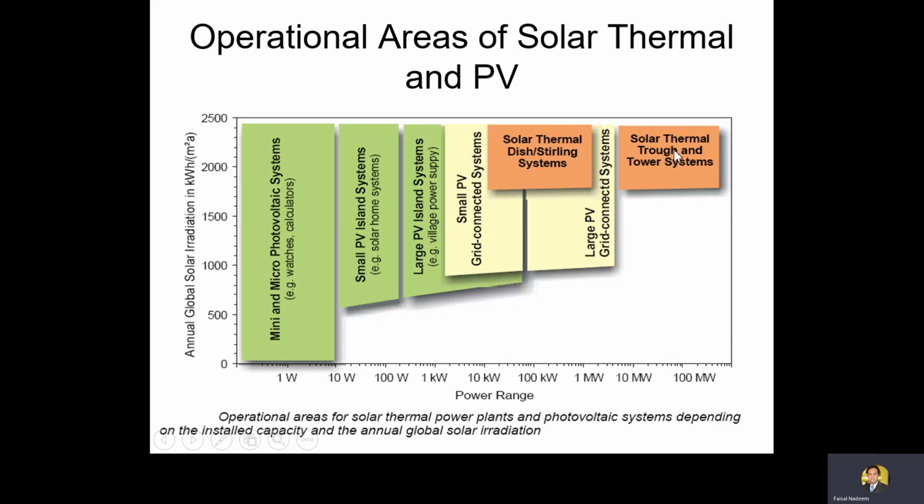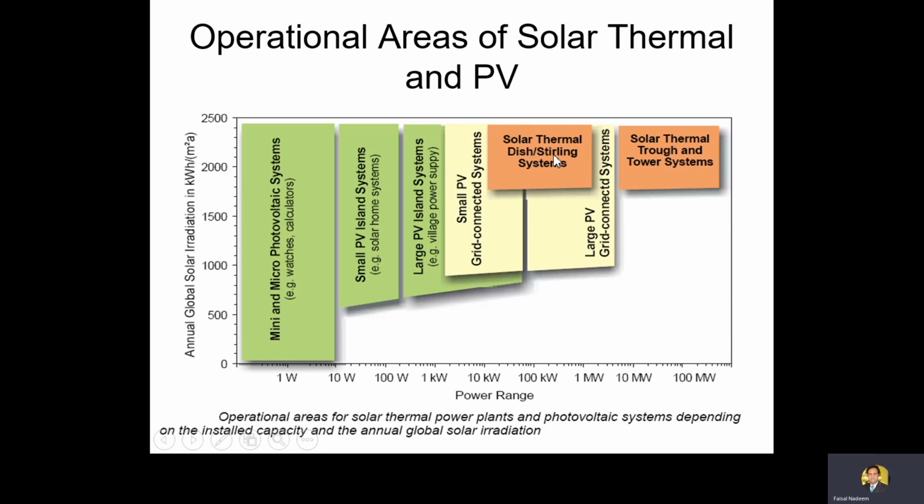Similarly, we can see the solar thermal trough and tower systems, and the solar thermal dish/Stirling system. Just keep this in mind and note it, because in the solar thermal technologies, we will further divide solar thermal technologies into trough and tower systems.